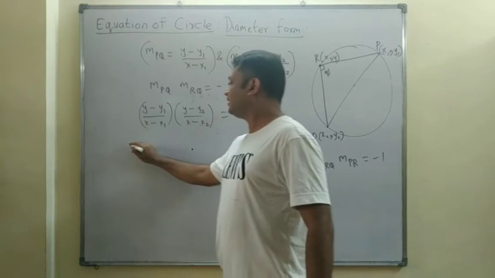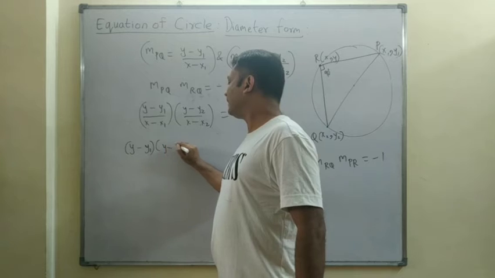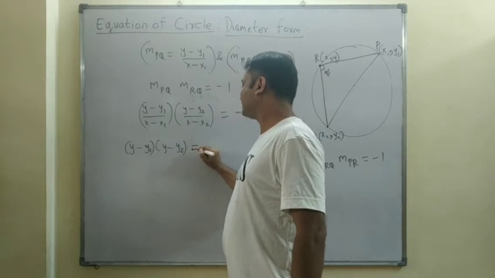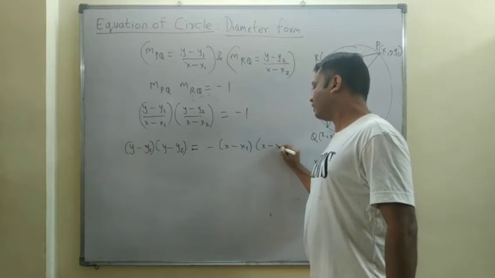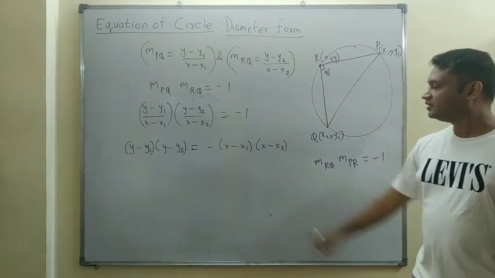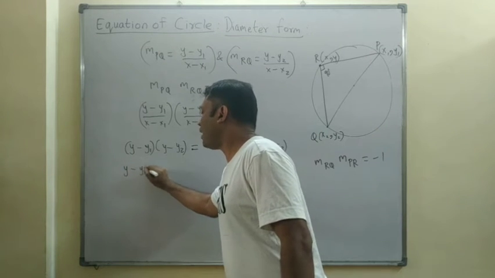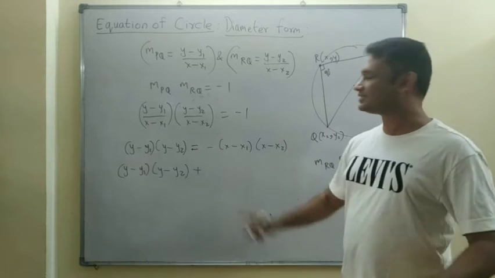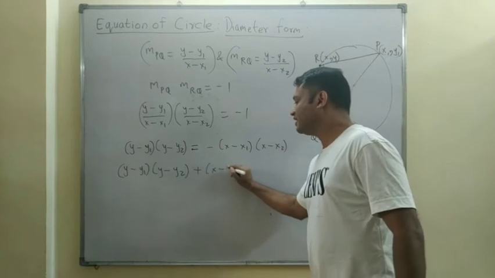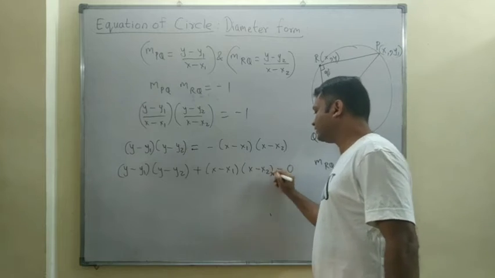If I cross multiply, (y − y1)(y − y2) = −(x − x1)(x − x2). Let us take this minus on the left side, it will become plus. So (y − y1)(y − y2) + (x − x1)(x − x2) = 0.